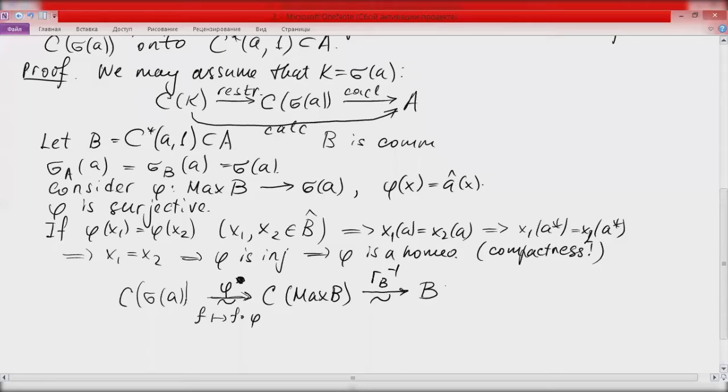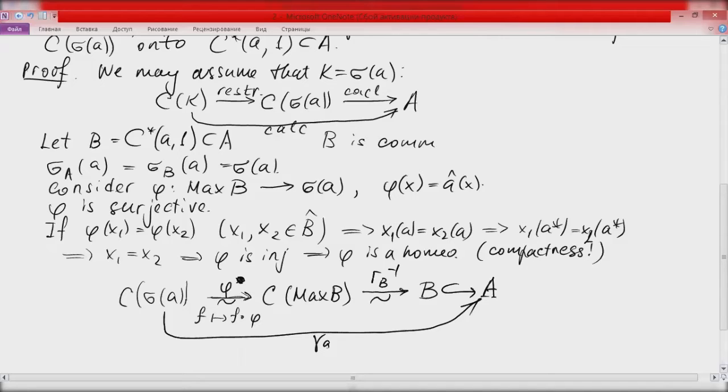And B is a C-star subalgebra of A. So if we now compose all these arrows, what we get is a star homomorphism, gamma A, from the algebra of continuous functions on the spectrum to A. And I claim that this is exactly what we are looking for.